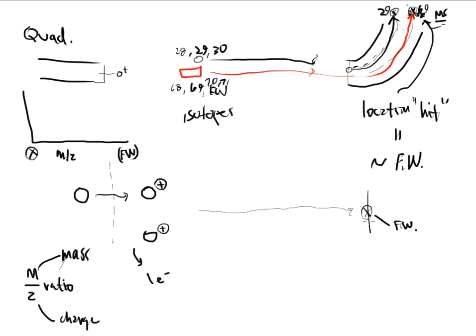So what happens is that the collector plate registers a mass to charge ratio. It does not register formula weight. Well, this is the mass of the fragment. Yes, that's true. I didn't lie to you about that. And then this is the charge of the fragment that came through. Most of the time, though, the charge that we're talking about is going to be a positive 1.